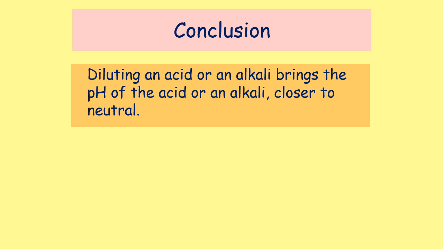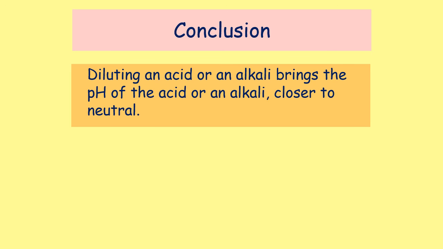So if you dilute a strong acid, you get a weak acid, and the pH will go from 1 to 4, 5, or 6. If you have an alkali and you dilute it with water, the pH will drop and it'll go from 14 to maybe 10, 9, or 8.